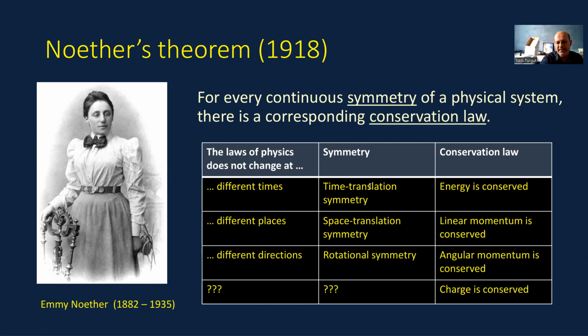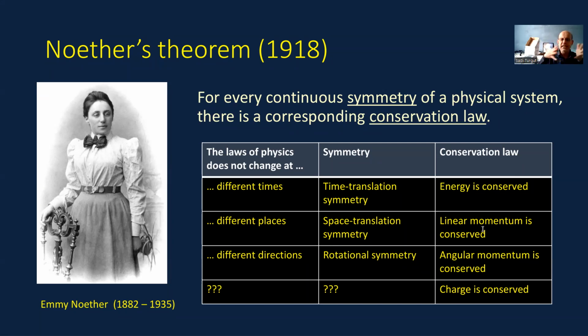For example, there's a time translation symmetry, which says that the laws of physics do not change with time. F equals ma was F equals ma in Newton's time, and it's still the same here. By using different mathematical arguments, we can show that this is related to the conservation of energy. Space translation symmetry is related to the conservation of linear momentum.